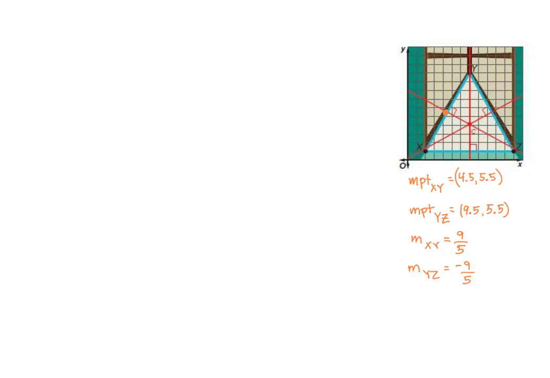All right, let's go ahead and find the equations of my perpendicular bisector first that is going through my first midpoint of 4.5, 5.5 with the slope of positive 9/5.